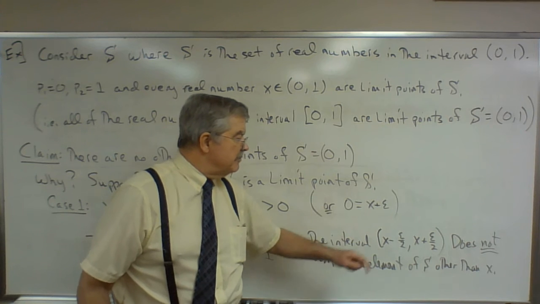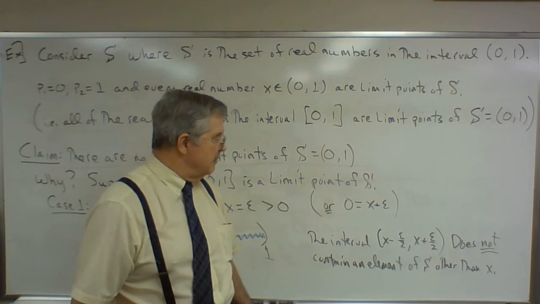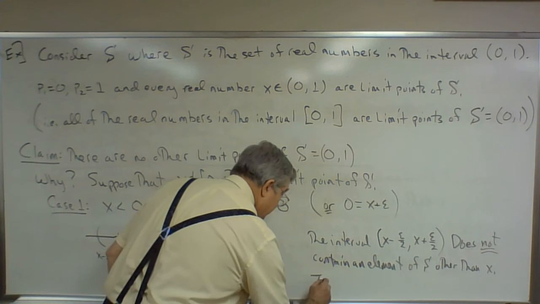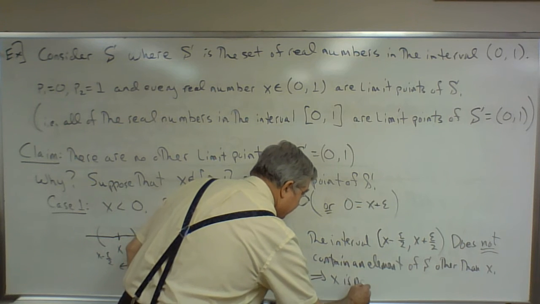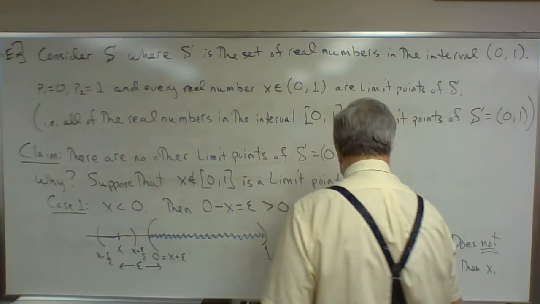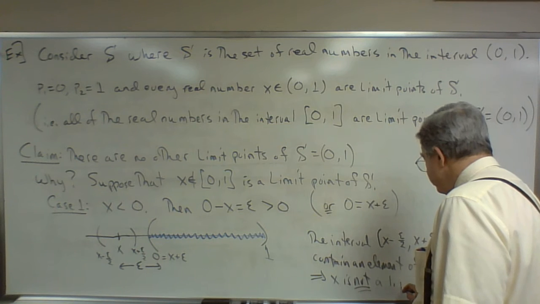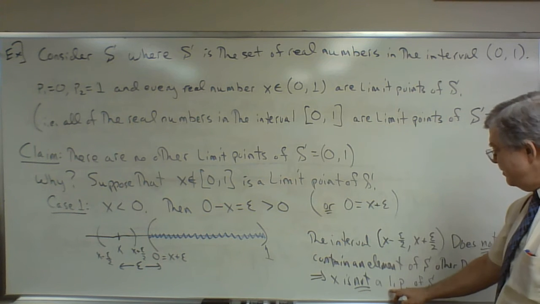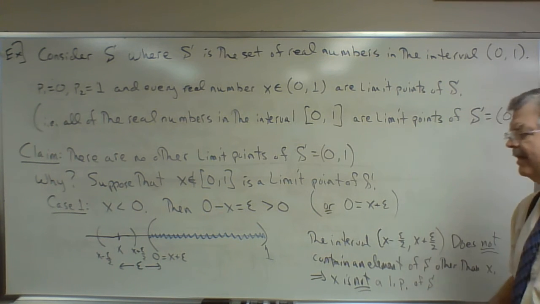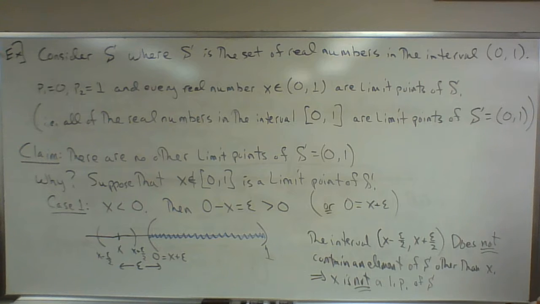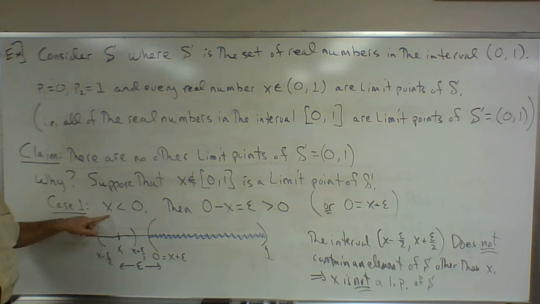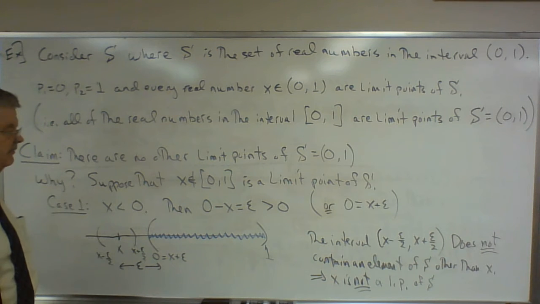The interval x minus epsilon over 2, x plus epsilon over 2 does not contain an element of S other than x. So x is not a limit point of S. So any real number x less than 0 cannot be a limit point of S.